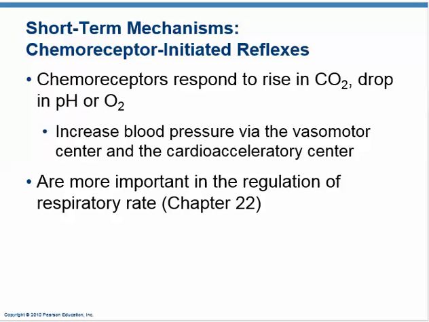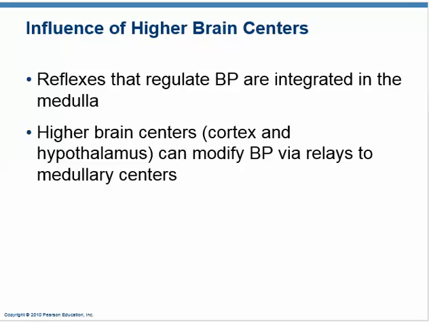Either one will mean that you need more breathing and more blood flow. Because you need more breathing, so you get more ventilation, you need more perfusion, so blood has to follow. Higher brain centers, so this is emotions and thoughts, can regulate it. Your blood pressure can go up when you're angry, for instance.